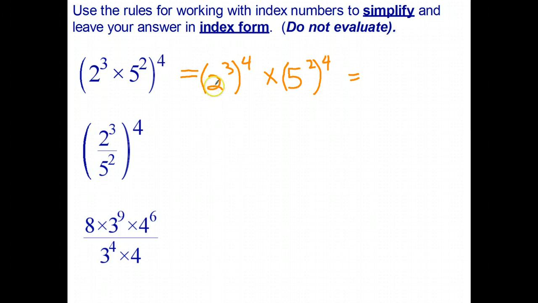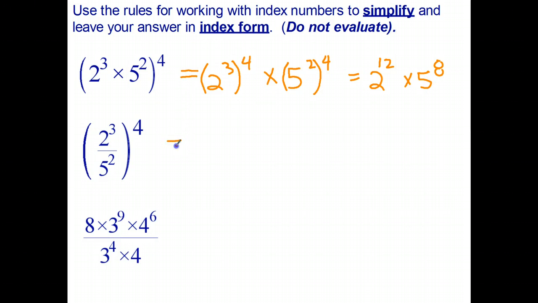That gives me 2 to the power of 12. To raise a power to a power, multiply powers, times 5 raised to the power of, and again to raise a power to a power, multiply powers. So 2 to the 12th times 5 to the 8th.